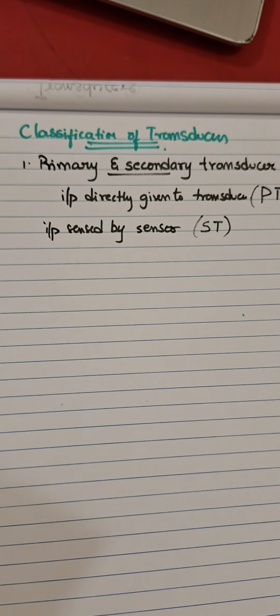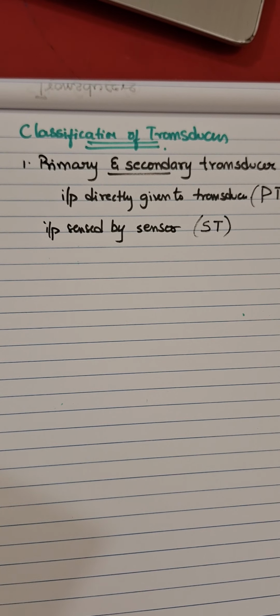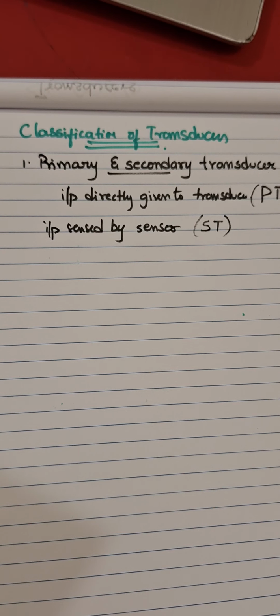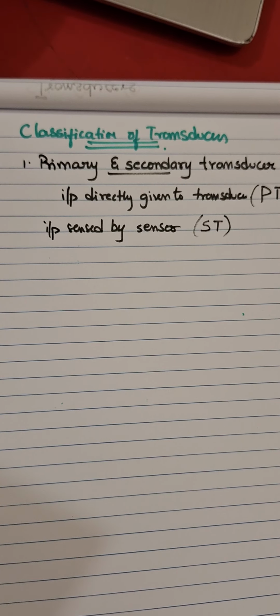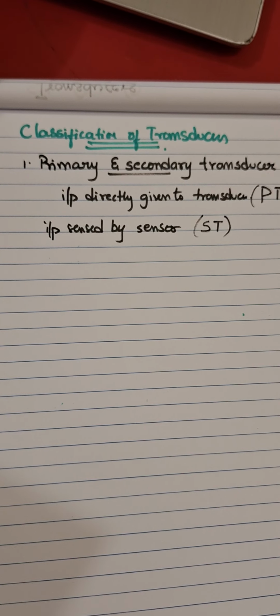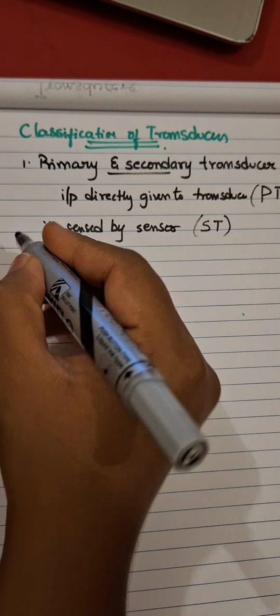So when input is directly given to the transducer, it is called primary. When input is sensed by a sensor and then the change is shown as output, it is called a secondary transducer. For example, when we are measuring pressure. This is one classification of transducers.